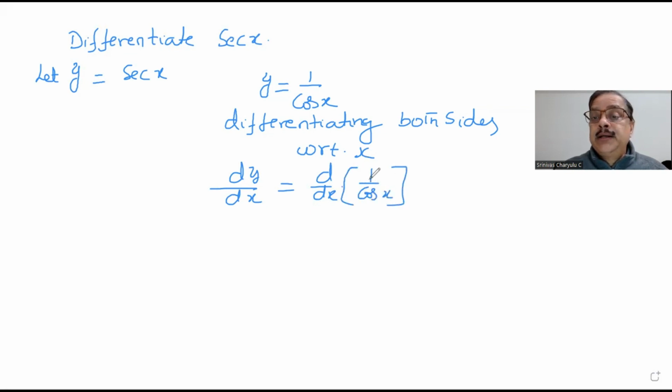The numerator part is 1, denominator part is cos x. So u is equal to 1, v is equal to cos x. Now it is in the form of u by v.